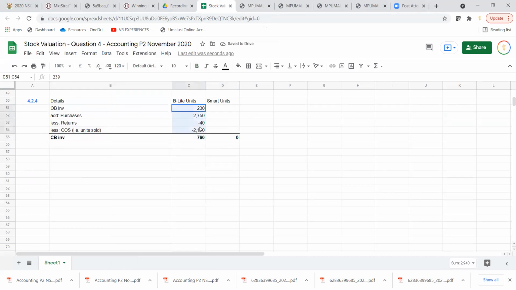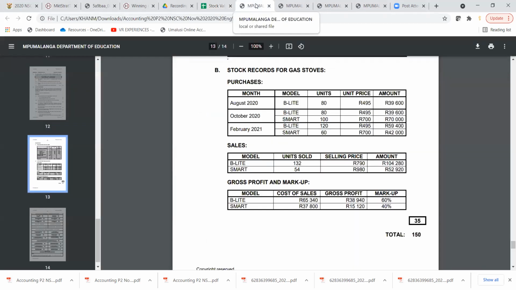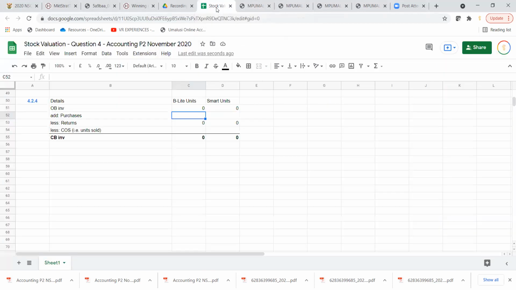Okay. So you can see there was no opening inventory, so it is 0 and 0. There was no return, so it is 0 and 0. Okay, so we can see there are purchases. In August for B light there was 80, in October there was 80, and in February there was 120. So it's 80, 80, 120.